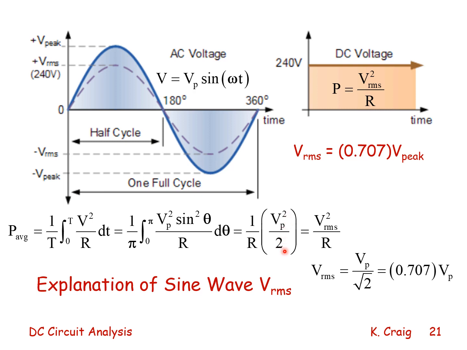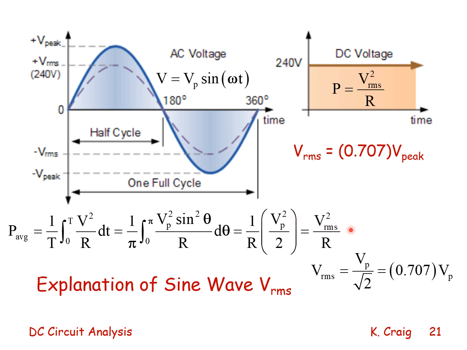Now, if I then ask the question, what is the value of the DC voltage that will give me the same power delivered to my resistive load as the AC voltage sine wave, what I see is that that voltage is the RMS value from my sine wave.